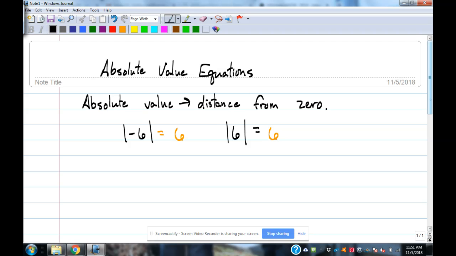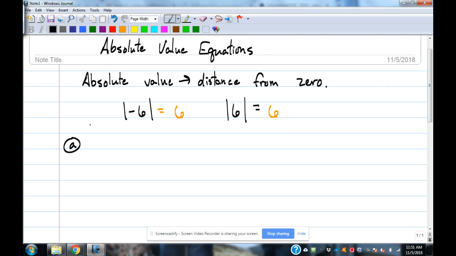Okay, so what we're going to do is start with the problem. Let's just solve. Absolute value of x is equal to 4. So what this equation says is that x, some number, has an absolute value of 4. So some number is 4 units away from 0. What numbers are possible? 4 and negative 4.